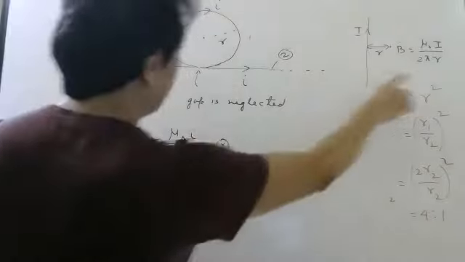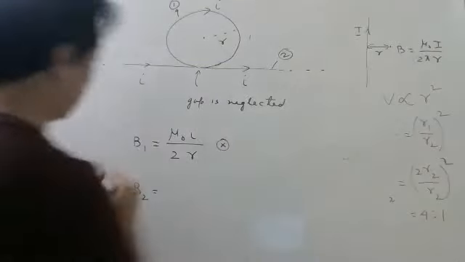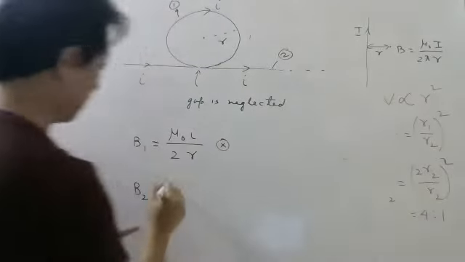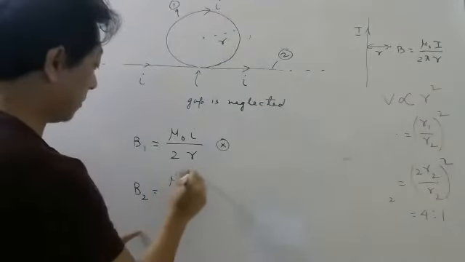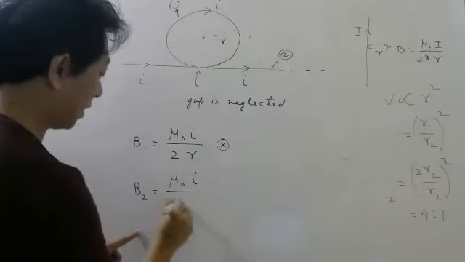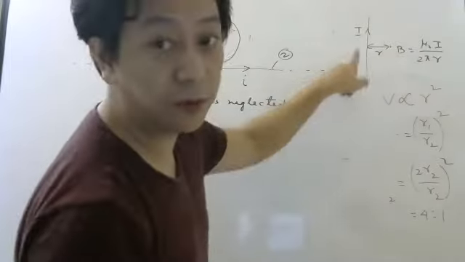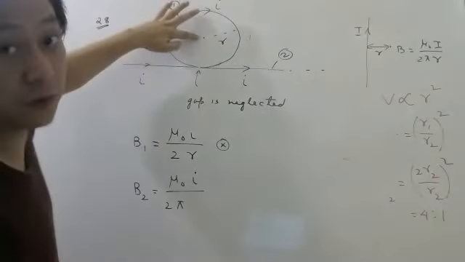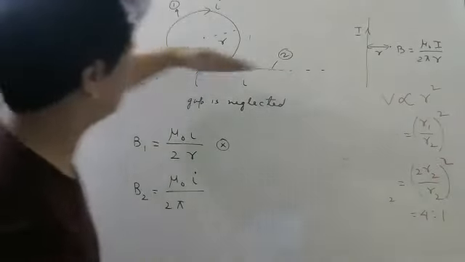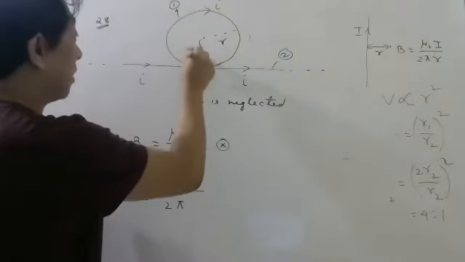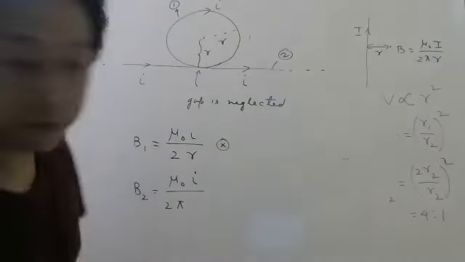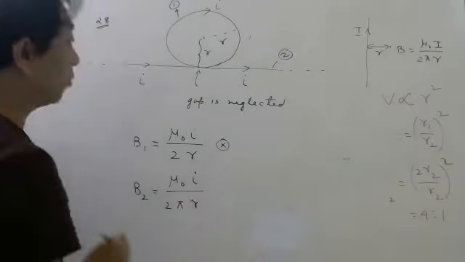Now let us calculate due to this straight wire. For this infinitely long straight wire, the formula is this one: mu naught, current is the same, 2 pi r. What is this small r? Distance of the point from the wire. This is the point where we want the magnetic field, this is the straight wire, so this distance we want. That is r only, right? Where will be the direction?